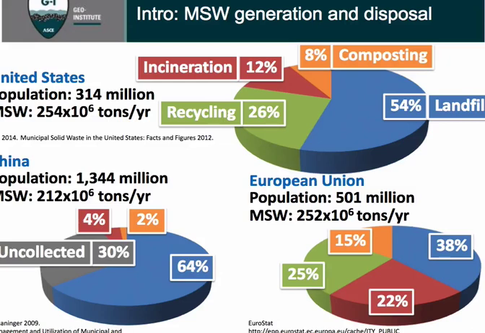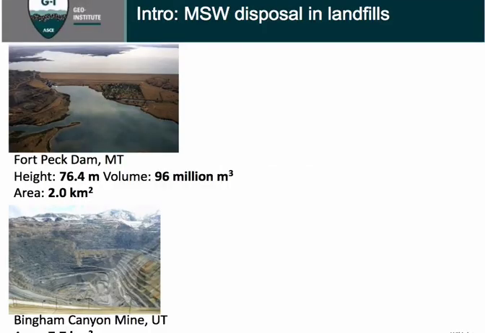The waste that has been landfilled is around 40% per year. But nevertheless, I would say landfilling, at least in the near future, will be a major disposal method for municipal solid waste worldwide. So let's look at some of the modern landfills.